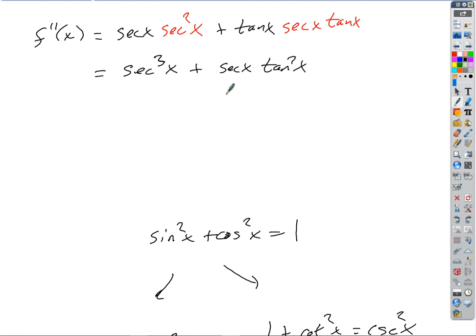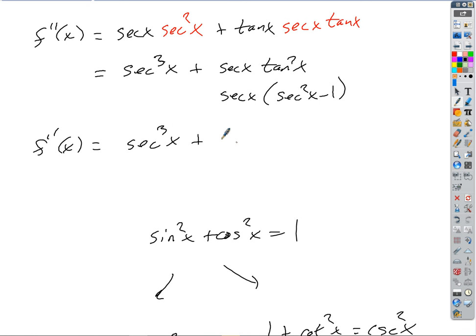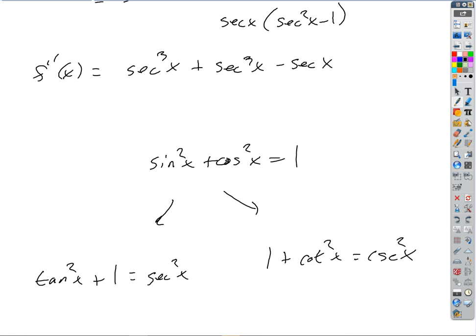I could write this as secant x times secant squared x minus 1, and I end up with my second derivative equaling powers of secant. If I distribute, I get secant cubed x plus secant cubed x minus secant x.